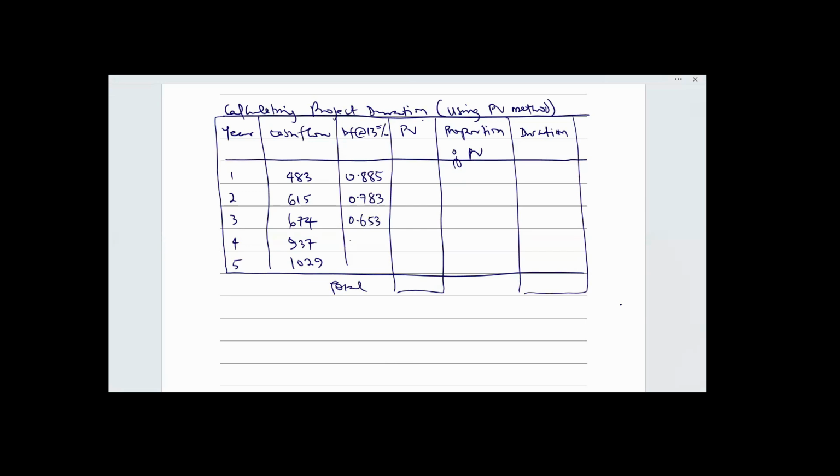Next. 0.613, and year 5, 0.543. At this point, let us calculate the present value.